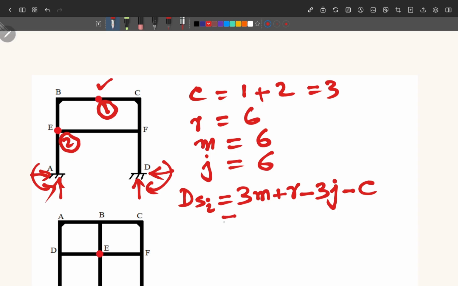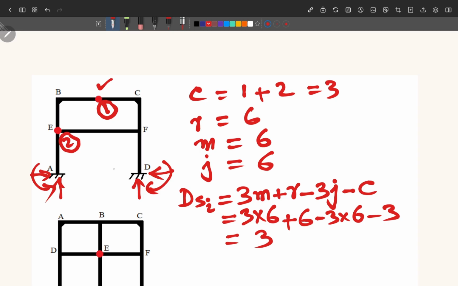So here we can substitute these values. 3 into m, that is 6, plus r is 6, minus 3 times joints which are 6, minus the condition equations which are 3. When we simplify, it is equal to 18 plus 6 minus 18 minus 3, and this comes out to be 3.